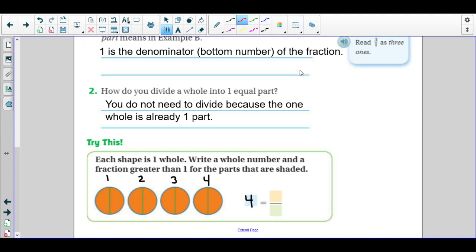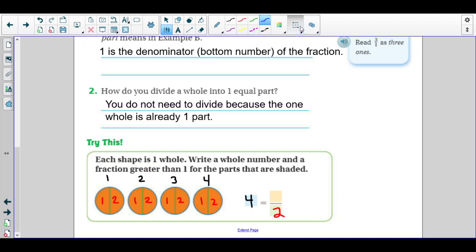Then each part is divided into halves. So 1 and 2, 1 and 2, 1 and 2, 1 and 2. So each one is divided into halves.